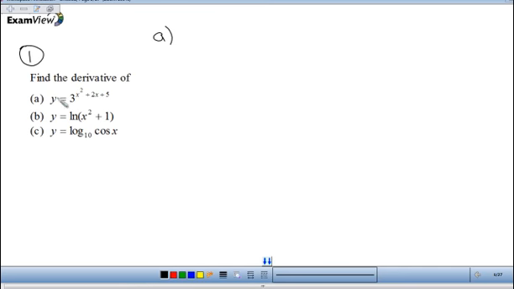Okay, for A, we need to find the derivative of 3 to the x squared plus 2x plus 5. For that, we need to use the formula of a to the u. So the derivative of a to the u is going to be a to the u times ln of a times du. So we need to find a, u, and du.